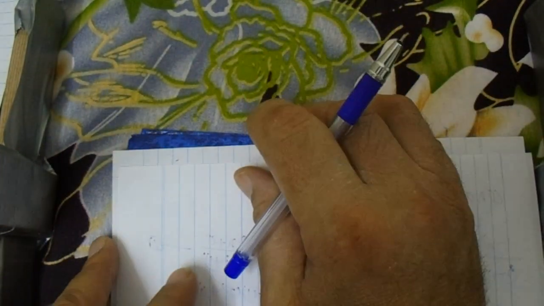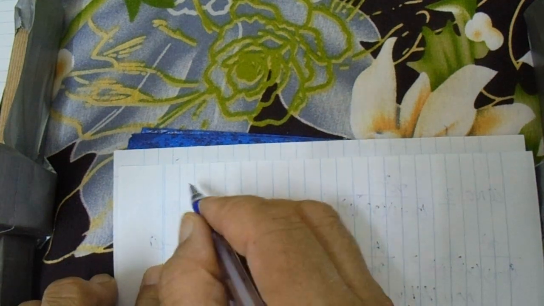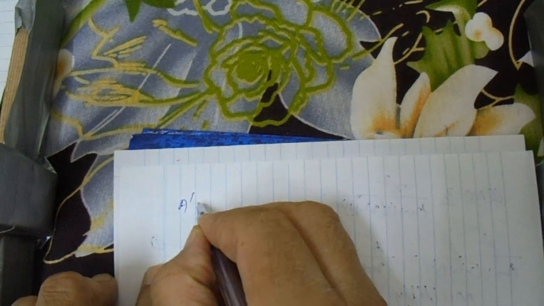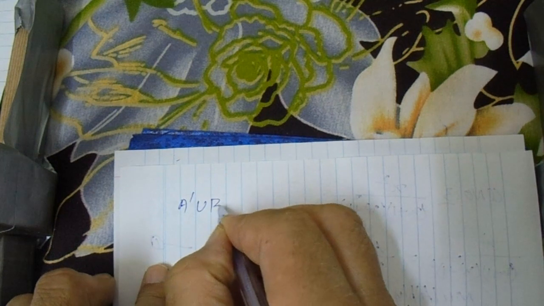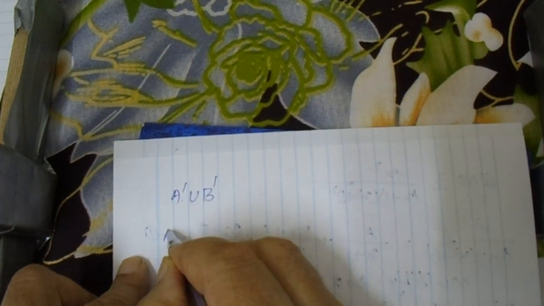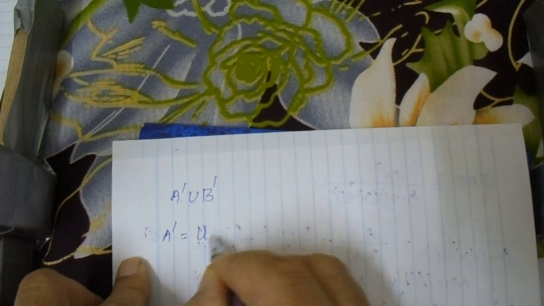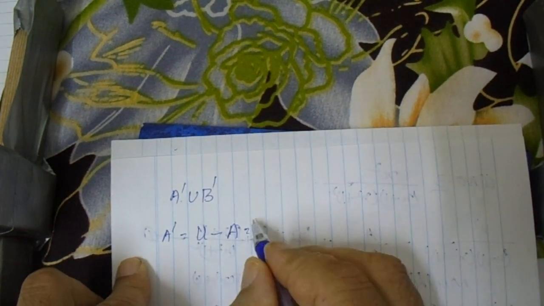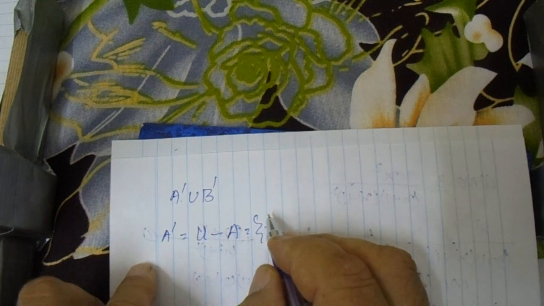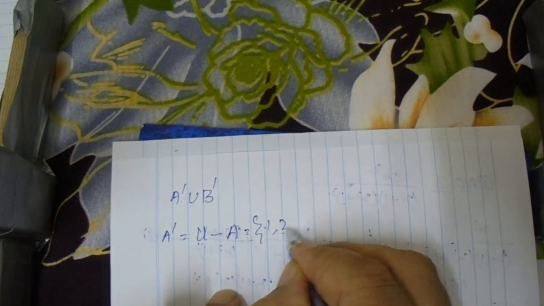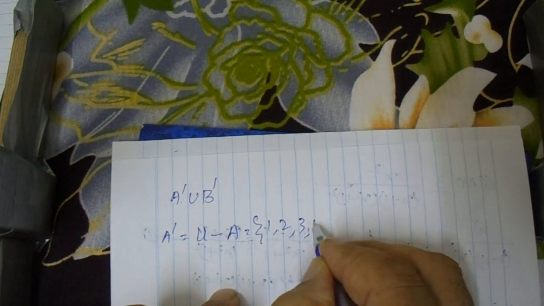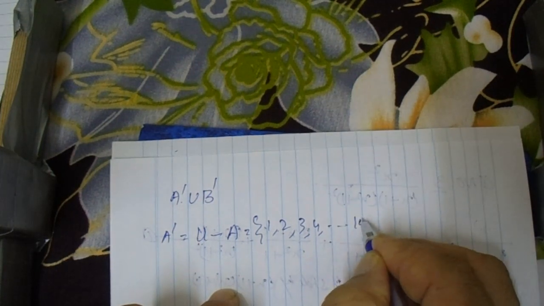Now we find A complement union B complement. First we find A complement. A complement is U minus A. Now our universal set is 1, 2, 3 and 4 up to 10.